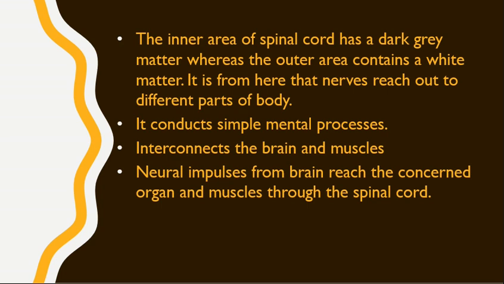Spinal nerves, which consist of 31 pairs, branch from the spinal cord. The inner area of the spinal cord has dark gray matter, whereas the outer area contains white matter. It is from here that the nerves reach out to the different parts of the body.